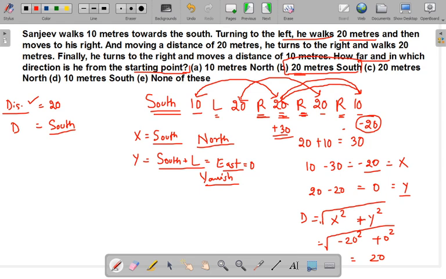So the question is, how far and in which direction he is from the starting point? Answer is 20 meters north. Sorry for the error. 20 meters north. Answer is option C.